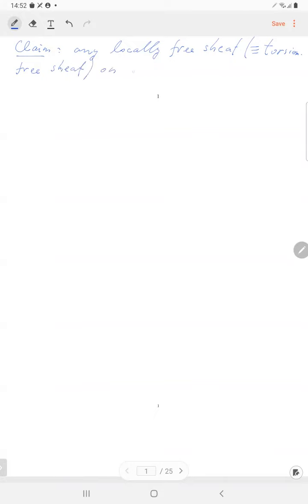on a curve C has a filtration such that the successive quotients are all line bundles.